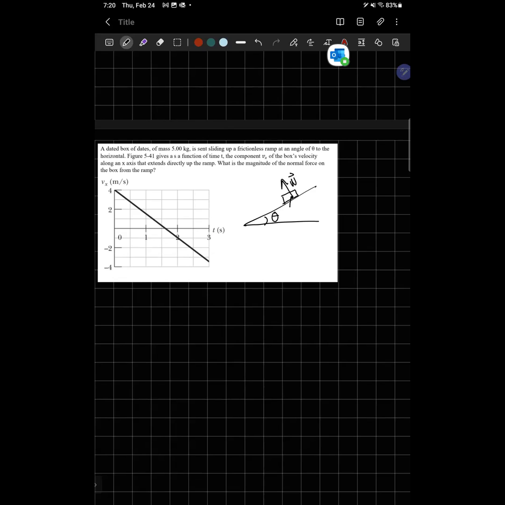I'm going to have a weight. And then it's going to be broken up into X and Y. I'm going to go ahead and set my axis along the ramp.